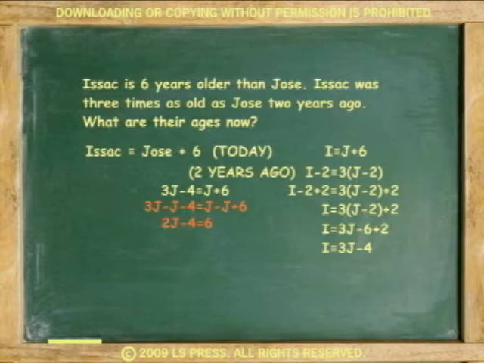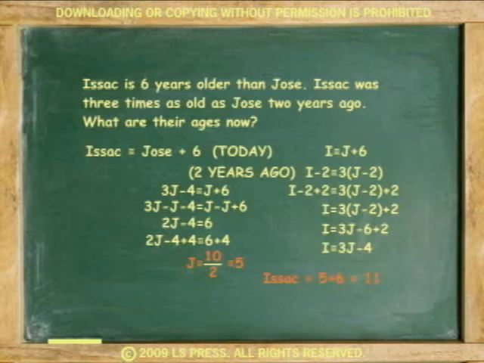Subtract j and add 4 to both sides. Combine. Divide. Jose is 5. If today Jose equals 5, then Isaac equals 5 plus 6 equals 11.